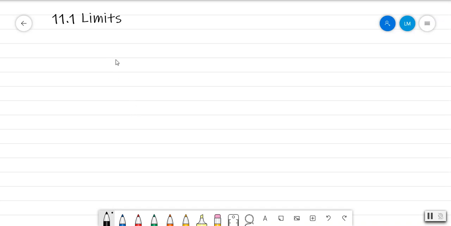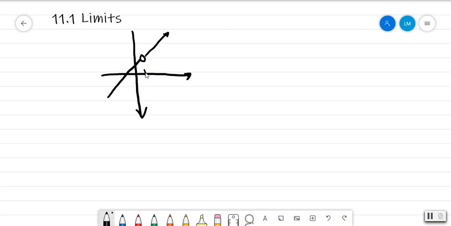Hello, so today I'm going to talk a little bit about limits and how we find them. Now, when we think about limits, we have to consider that we're looking at possibly a function which may or may not be defined at some particular point.